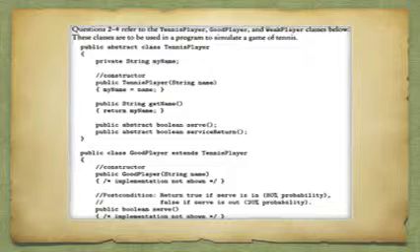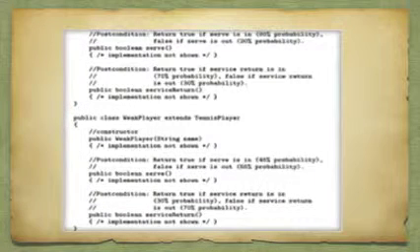There's no abstract keyword for this serve method. Okay, let's take a look at the next slide. The post condition is: return true if the serve is in, 80% probability, and false if the serve is out, 20% probability, which means that this is a good serve. That means this is a good tennis player.